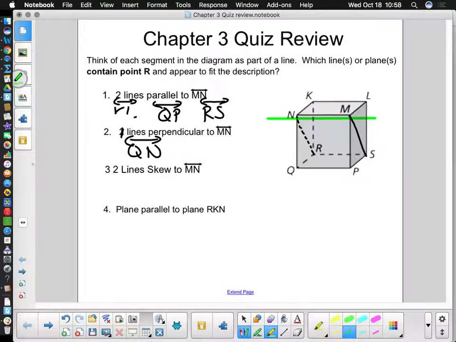So QR would be one of them. No, they wouldn't intersect because they're in different planes. One's down here and one's up here. They're never going to intersect. What would be another one? SP does not contain point R. SP would be skew, but what would be another? RK. Yeah.